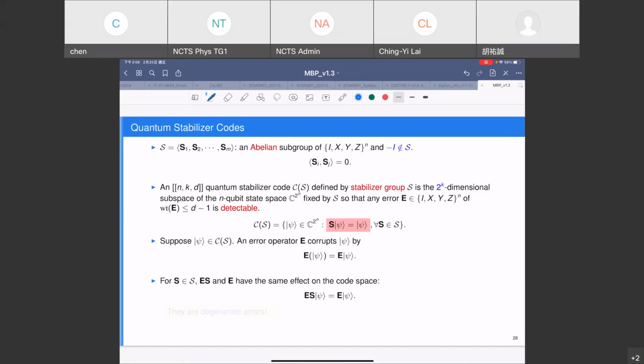If there are no errors, the outcome should be all +1. If there are some -1 outcomes, you can identify that some error occurred, because my code space is the all +1 outcome space.